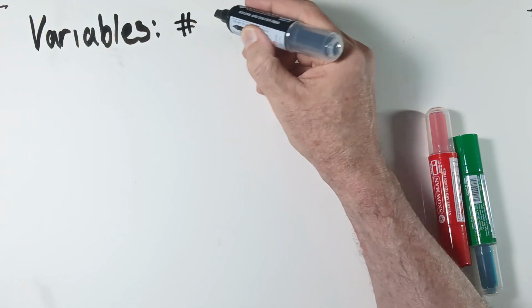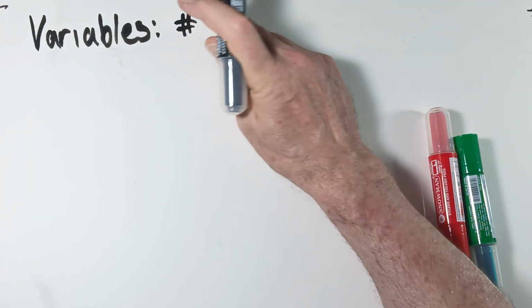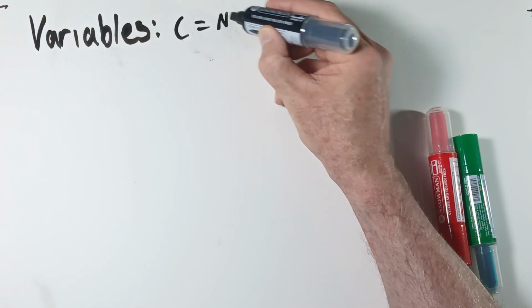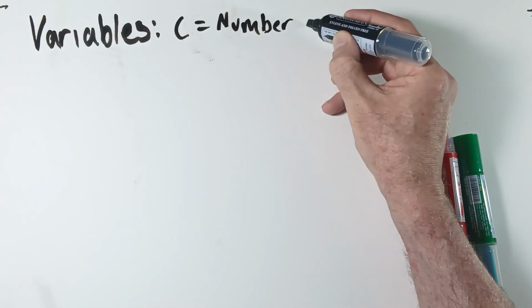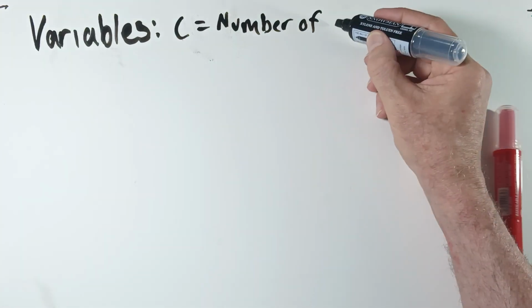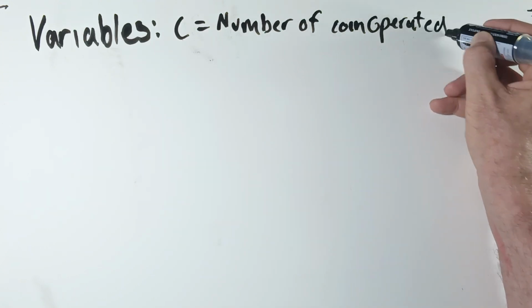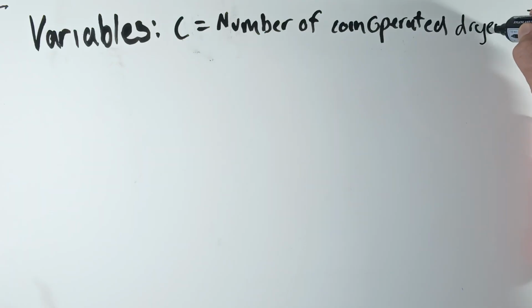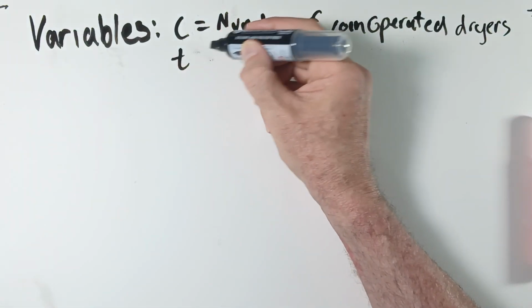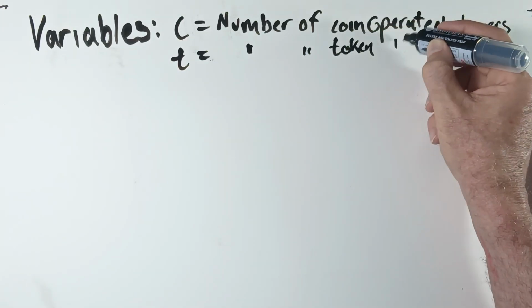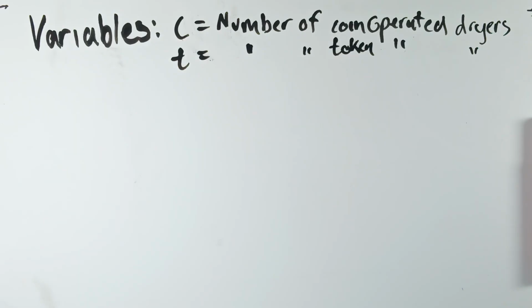So we'll use those things. And that helps us when we're trying to work out our actual constraints.